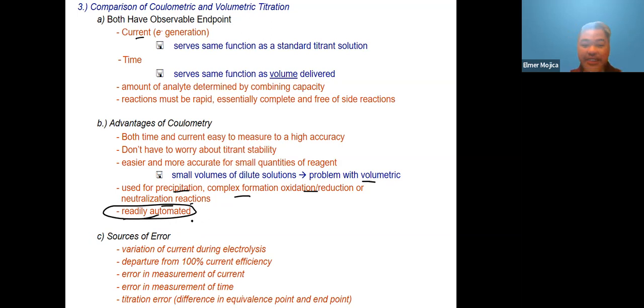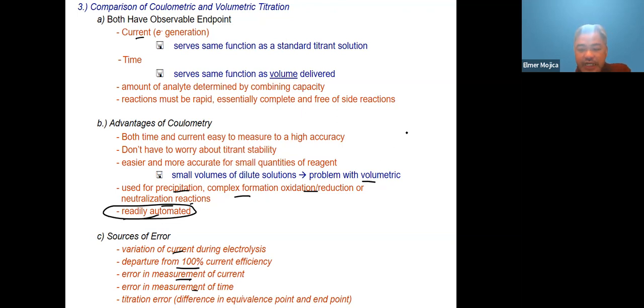Now the sources of error is, as I've told you, this current. It should be as stable as possible during the electrolysis, because it could lead to departure from 100% current efficiency. And there could be error in the measurement of current and error in the measurement of the time. And you also always have here the titration error, the difference between the equivalence point and endpoint.